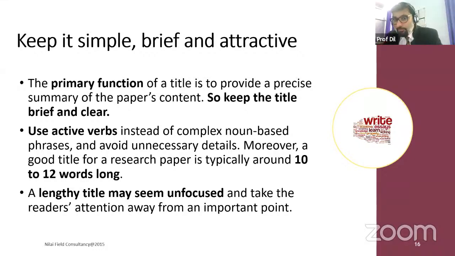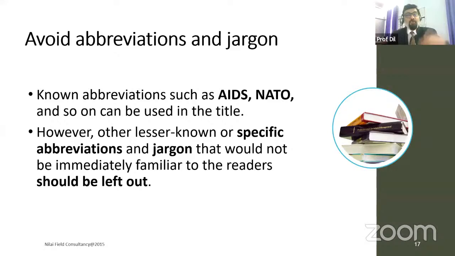For specific abbreviations which are continuously followed by the entire journal world and the readers can understand, okay, use them. But if not, don't leave the readers to figure it out. Look at a dictionary or look at other options. So avoid abbreviations and jargon. It should not be left to the readers to fix it. These are the things you have to clearly look into in the title.